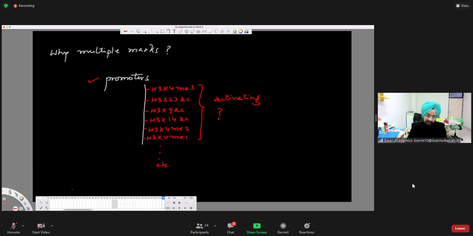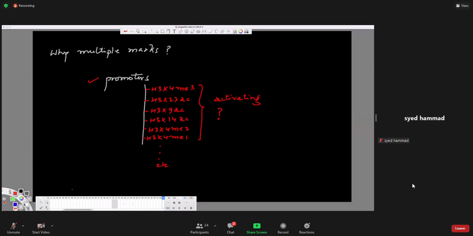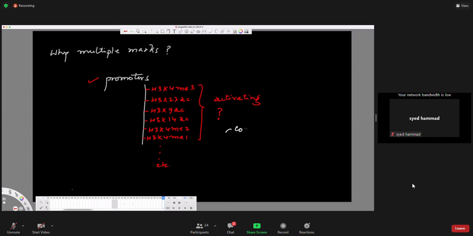Well, the same thing, cooperativity, right? Cooperative binding. So one thing is cooperativity. The other thing is, I guess, a bit speculative: robustness also, right?